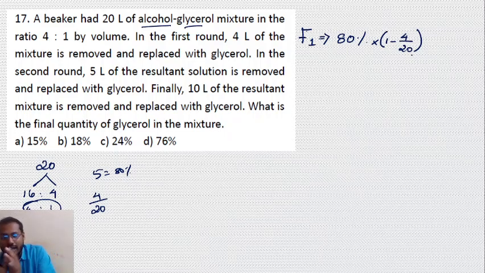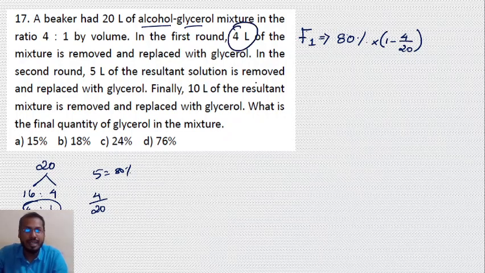Out of 20 liters, total alcohol is 80%, and the remaining is glycerol. So 1 minus 4 parts, 4 liters I'm going to take out first, out of 20 liters. So this is the F1 final concentration. So I will get one final concentration.